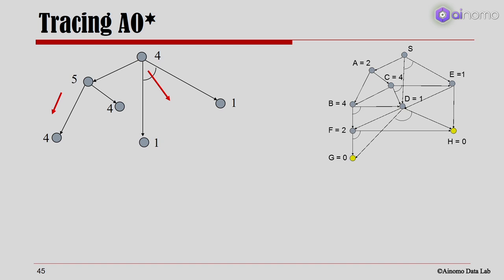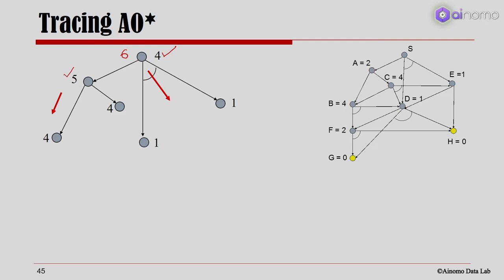So here we have 4 plus 1, which is now revised to 5, and this side now costs 5 plus 1, 6. Whereas, if you remember, we had computed the price via the 2 connector to be 4. Therefore, the search proceeds via the 2 connector starting at S.